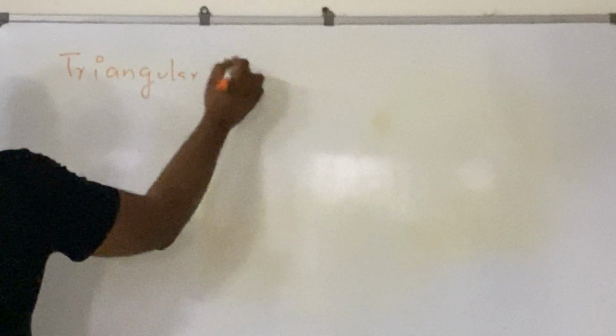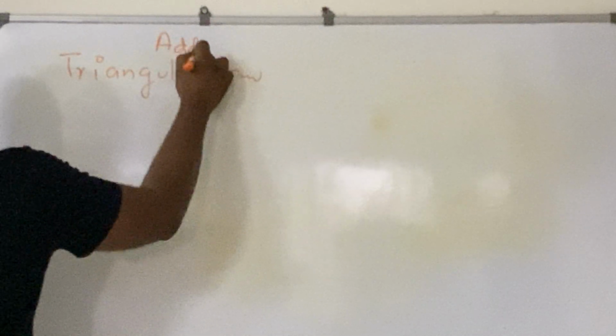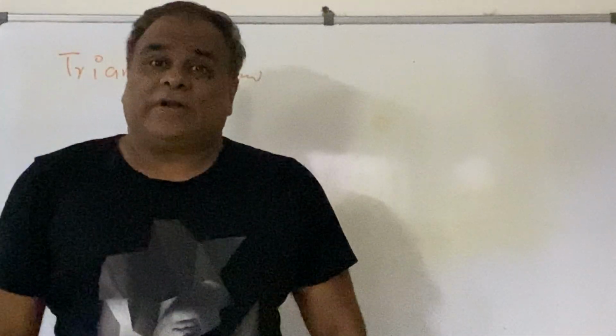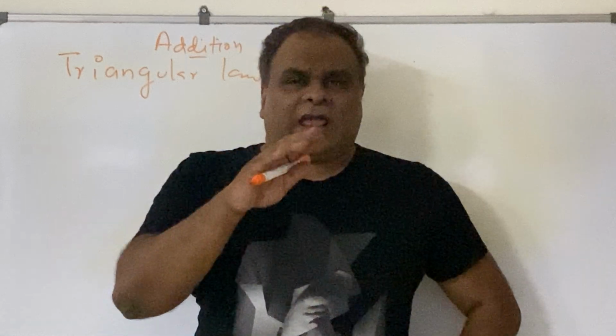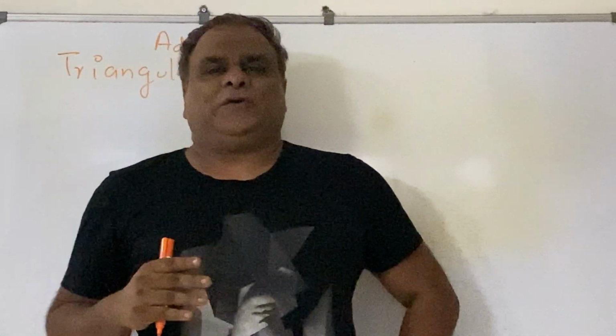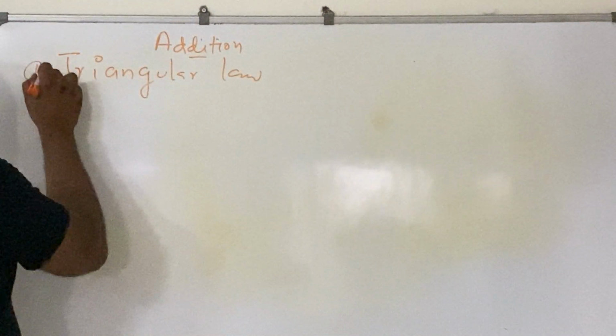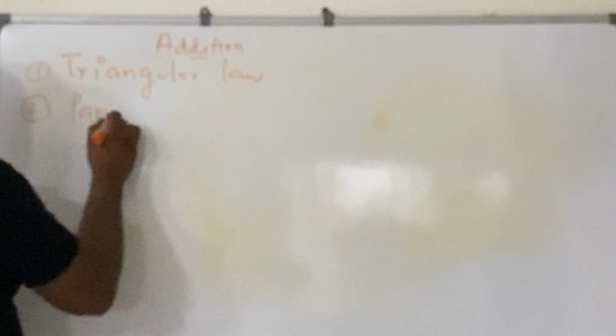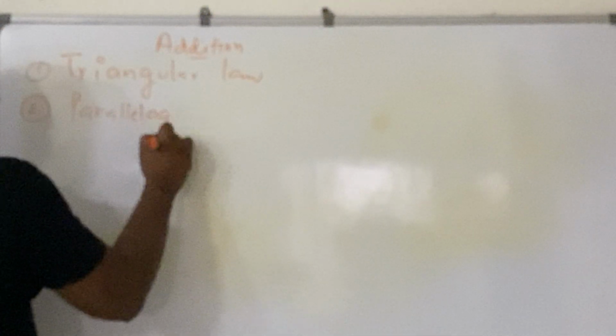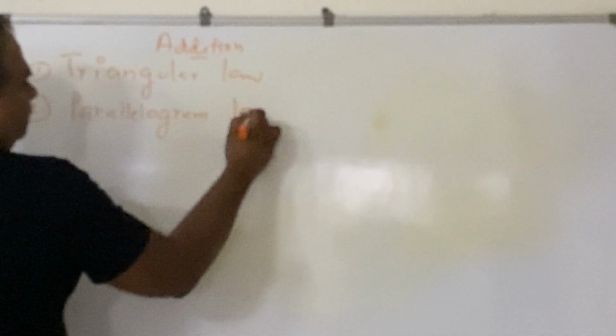Next thing, for addition of vectors, there are two laws. One is the triangular law. So we are discussing vector addition, and the triangular law we discussed in the last video. The second one is the parallelogram law.